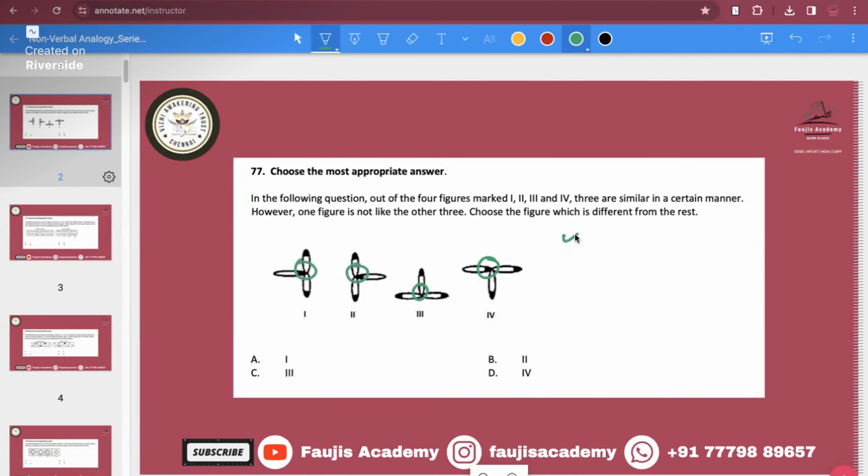This logic is also correct. And this logic wherein the opposite wings, the shaded part of the wings is exactly symmetrically opposite. This is also true. Shall we move, guys?